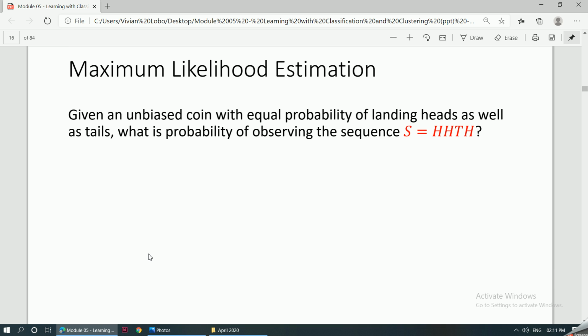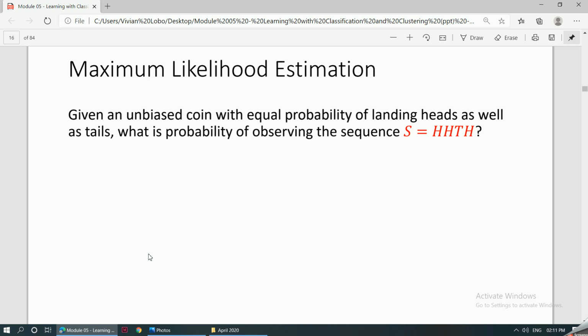Okay, so there is a numerical where we will try to find out the maximum likelihood estimation. Given an unbiased coin with equal probability of landing heads as well as tails. So there is an unbiased coin and the probability is equal.